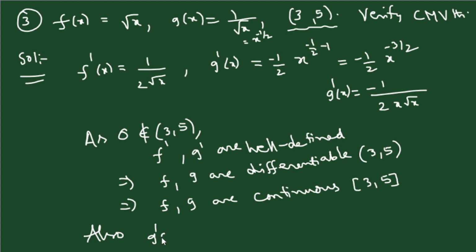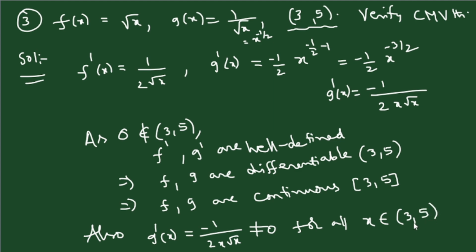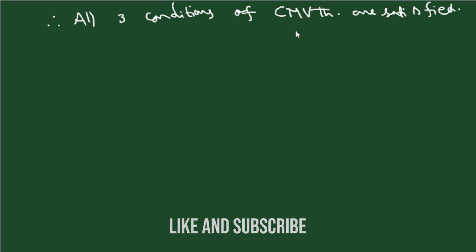And what about the third condition? Third condition is g dash x should not be equal to 0, right? But what is g dash x? It is minus 1 by 2x root x. And minus 1 by 2x root x is not equal to 0 for all x. Whatever x you take between 3 and 5, it is not going to become 0, right? In fact, for any finite value of x, it won't become 0. Therefore, all three conditions of Cauchy mean value theorem are satisfied.